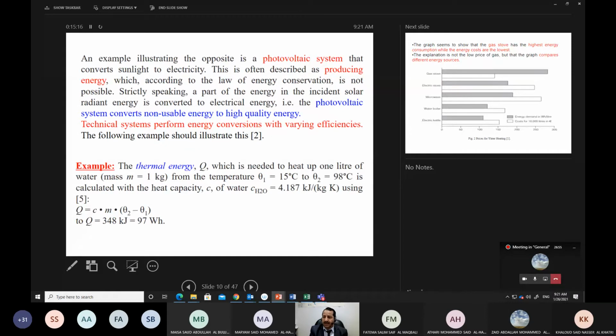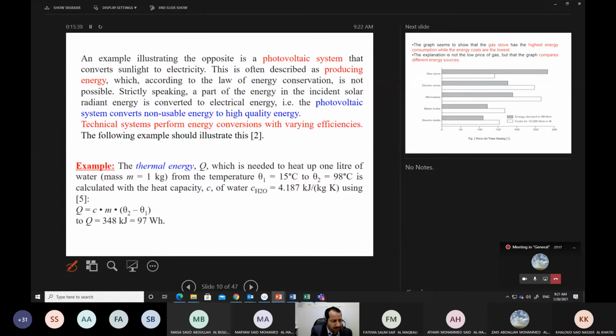There is input, which is light, and light is not a good quality energy, but electrical energy is a good quality energy. So how much is the consumption, and how we calculate the efficiency, is an important element that needs to be covered and understood here. I will start with an example and clarify what I mean by this.